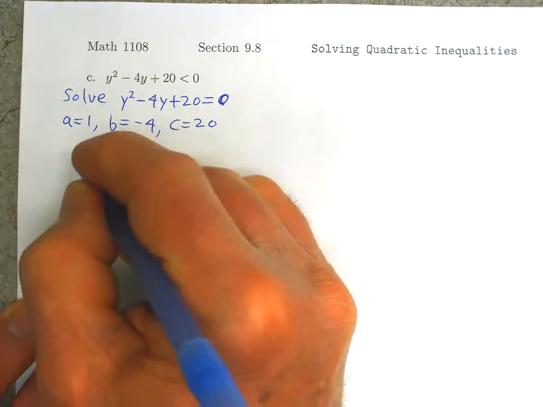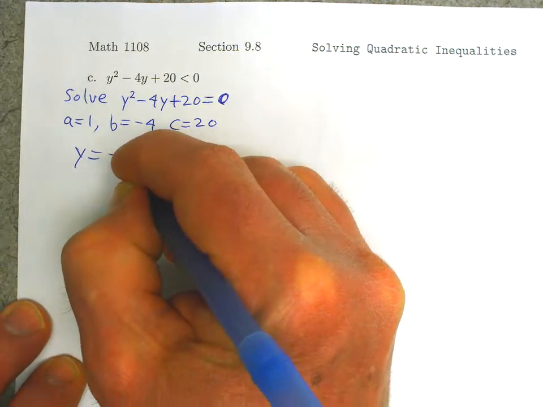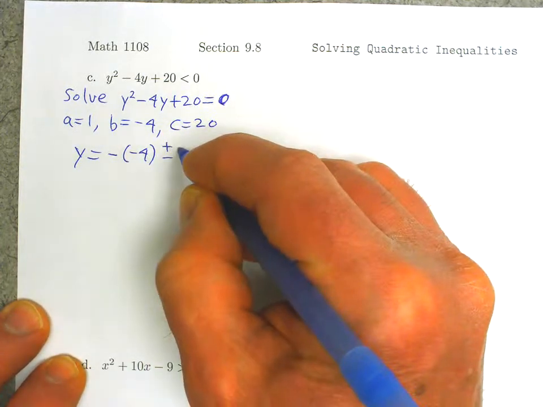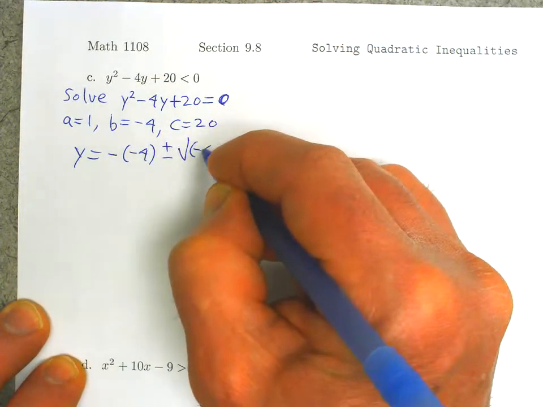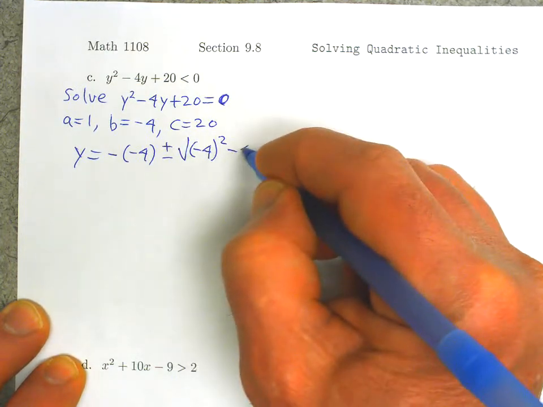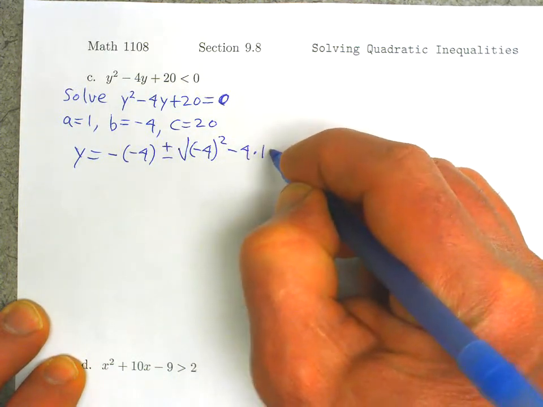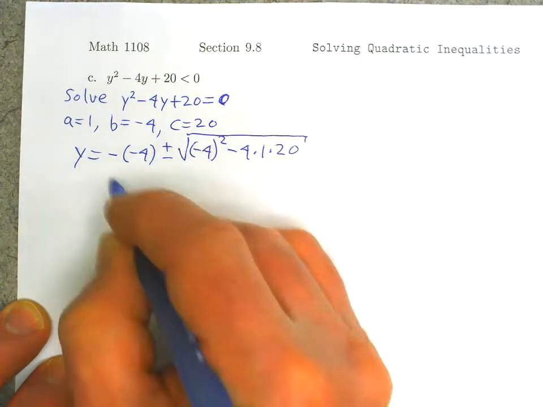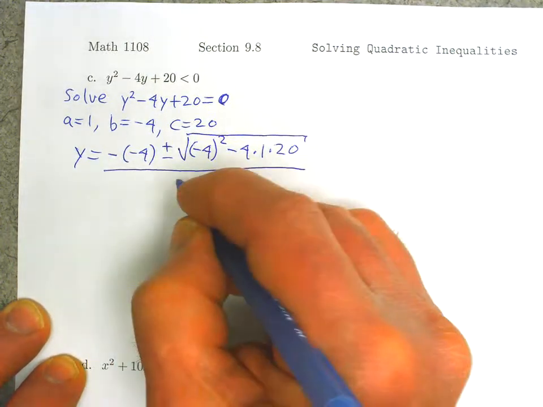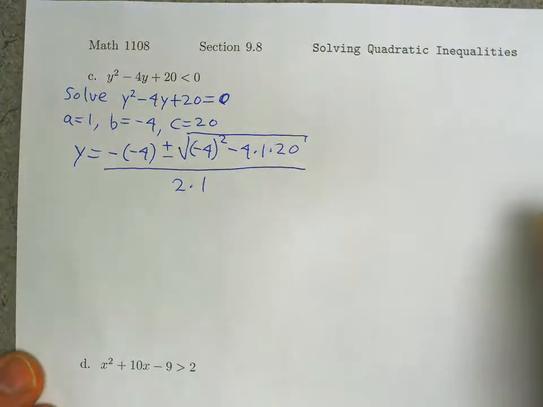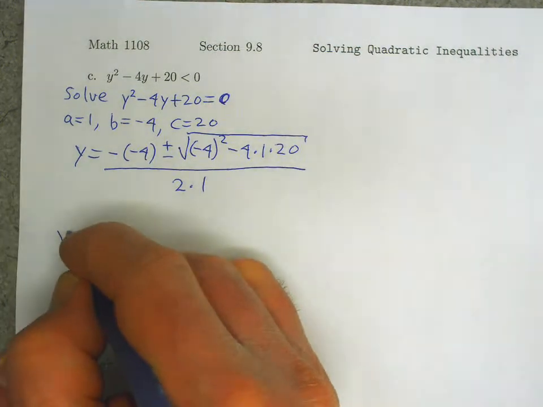Okay, so y equals the negative of -4 plus and minus the square root of the number -4 squared minus 4 times 1 times 20, all divided by 2 times 1. Okay, then we'll do the arithmetic.